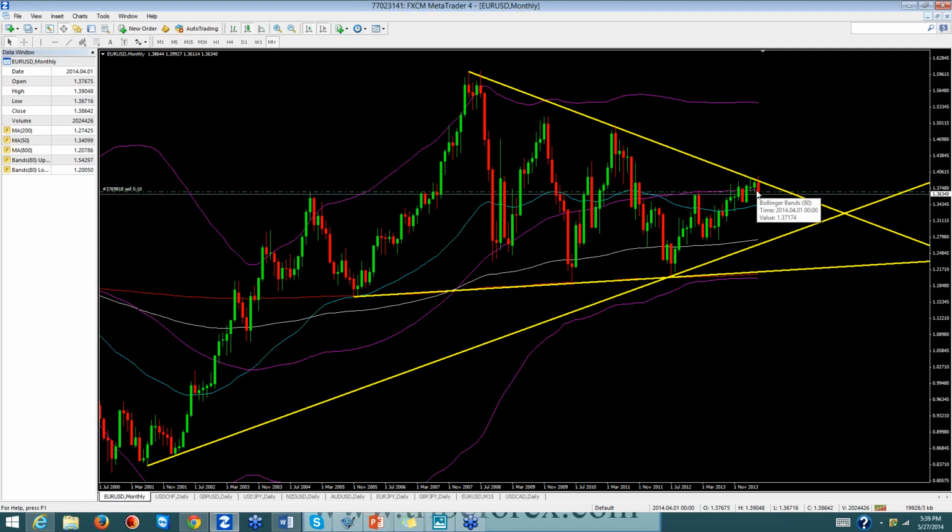So let's see, 137.17 is our Bollinger Midband. That's where that is. So let me take a look. 137.09 is where it is. I'm going to actually label that. It's the only thing that's close to where we are.